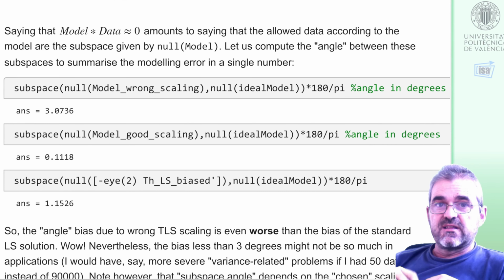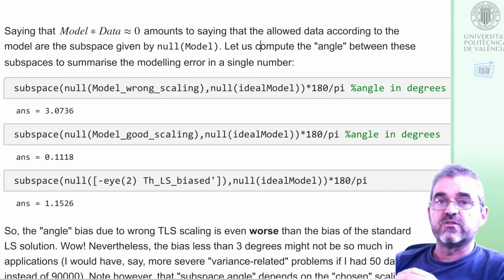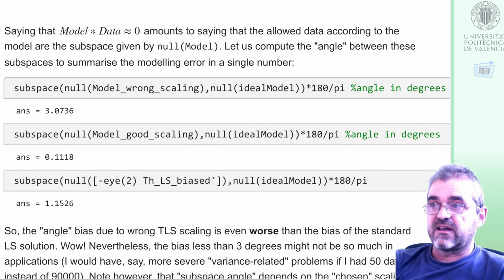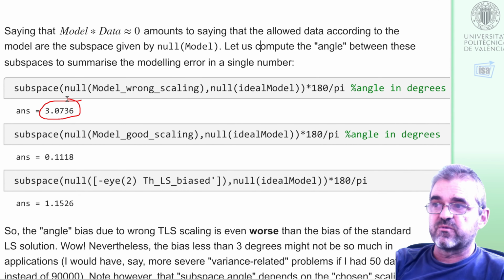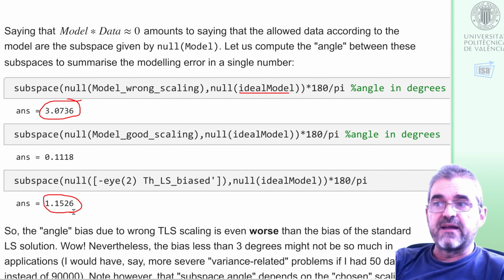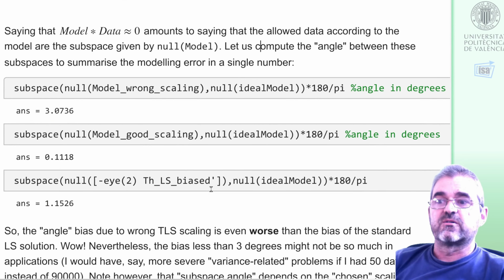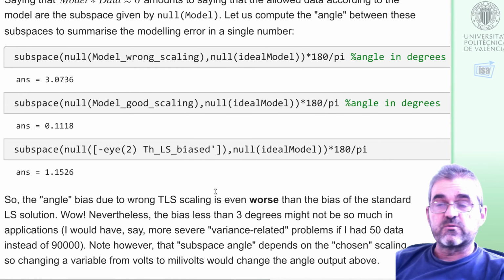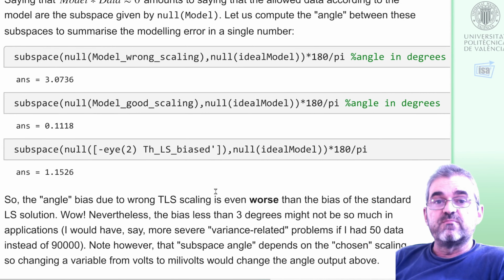We can see that the offset is 0.1 degrees, it's almost nothing in the good model, but the total least squares model with the wrong scaling has actually a larger deviation with respect to the ideal stuff than the theoretically biased least squares. So this is the conclusion. A wrong total least squares scaling may give me a worse model compared to the ordinary least squares.